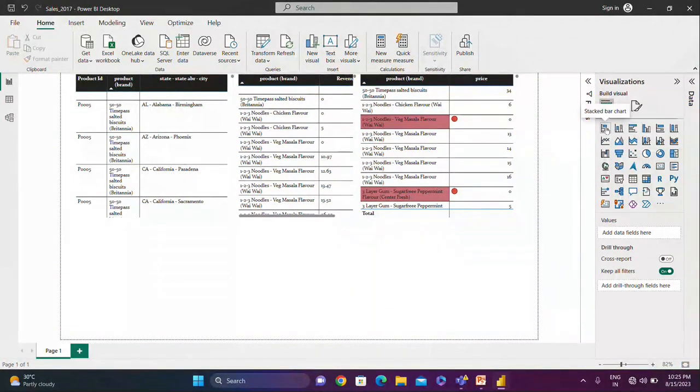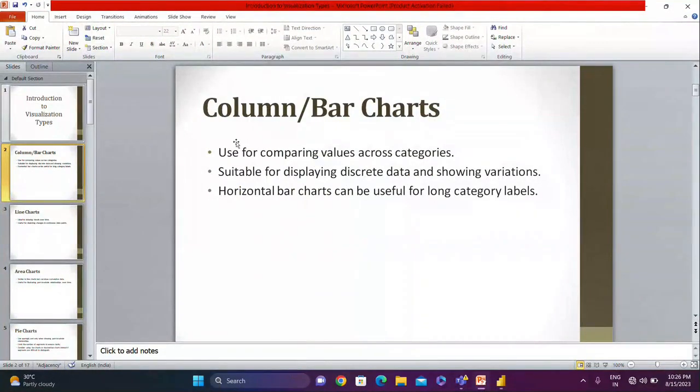We will be focusing on these kinds of charts, like the column charts. Any place we are getting column charts, that is the one we are talking about right now. You can see there are different types of column or bar chart options also available here.